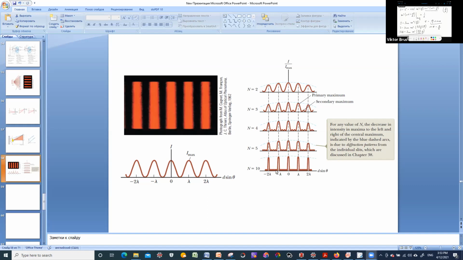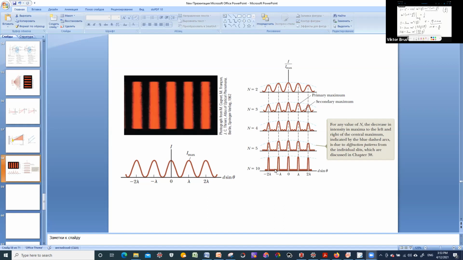So we have more sharply distributed bright and dark fringes. There is almost no gradient anymore between dark and light. We have a very sharp bright fringe, and then a very broad but well-defined dark fringe.